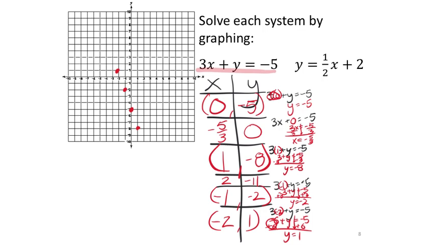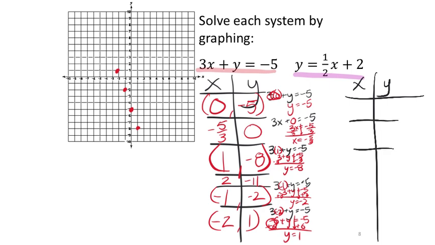Let's see what happens when I graph. We're going to call this our purple equation here. Y equals 1/2 x plus 2. But I'm going to use the same method where I'm going to make a table of x's and y's. I've got values that I'm going to put into this function machine. See what happens.